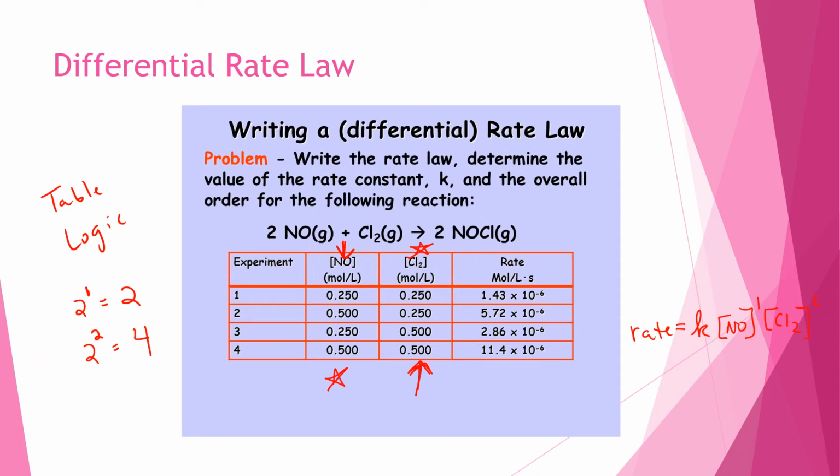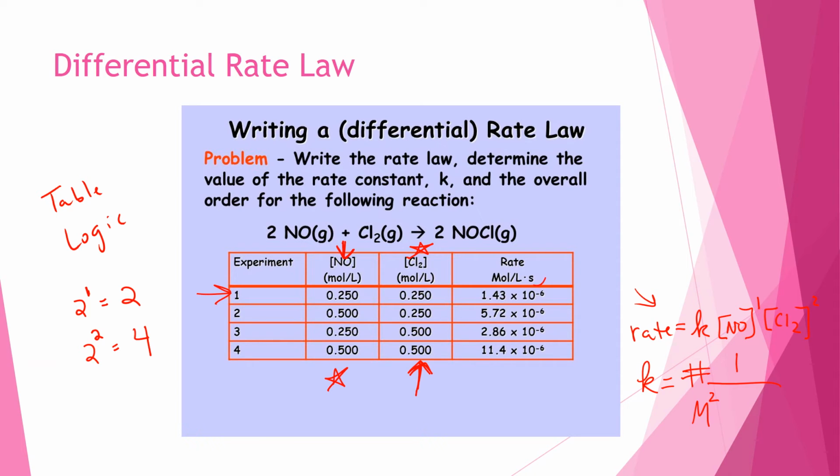If I wanted to find my rate constant, K, then all I would do is find one of these experiments and plug this information into my rate law expression and solve for K. Once I find the value of K, I then find its units, which is 1 over molarity, overall order minus 1, which is 2 plus 1 is 3, minus 1, 3 minus 1 is 2, and then times the time unit.